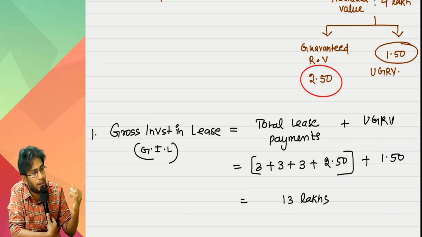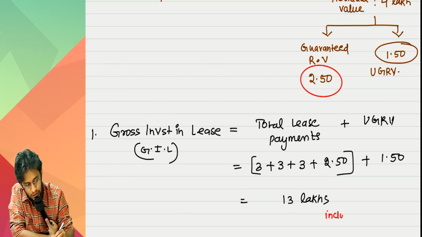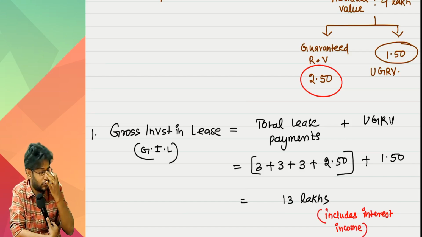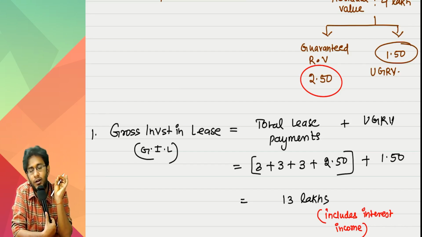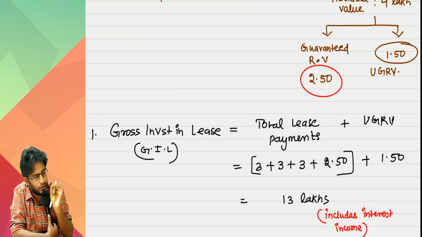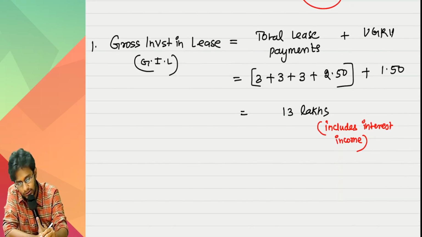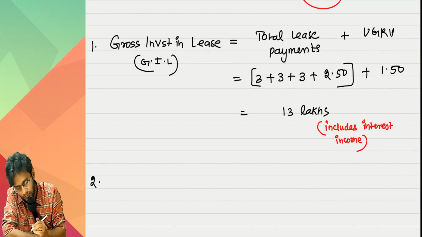So 13 lakh rupees definitely includes interest or finance income. There is no doubt on that. GIL is done, sir. Next definition.